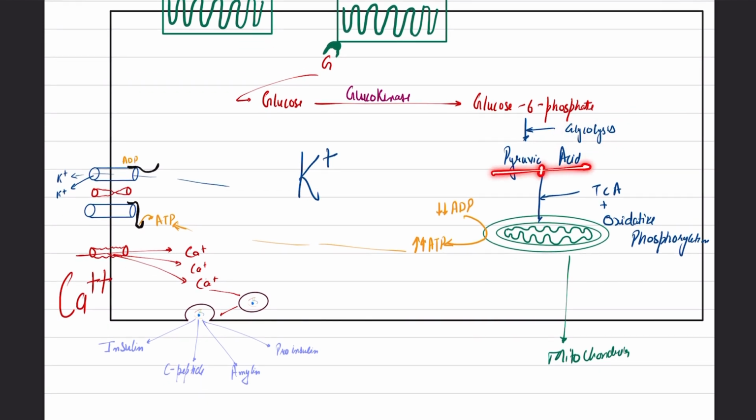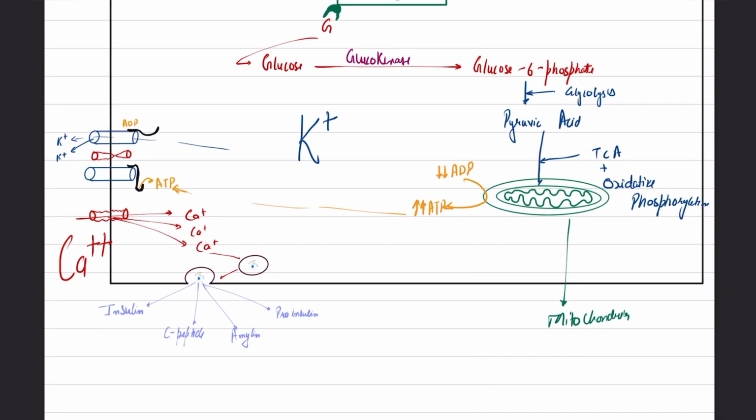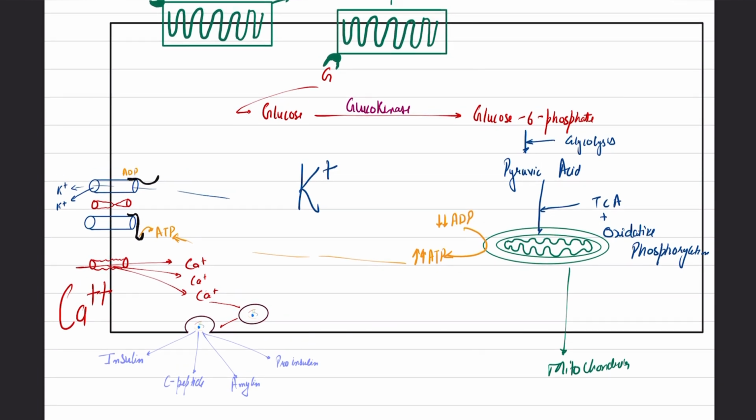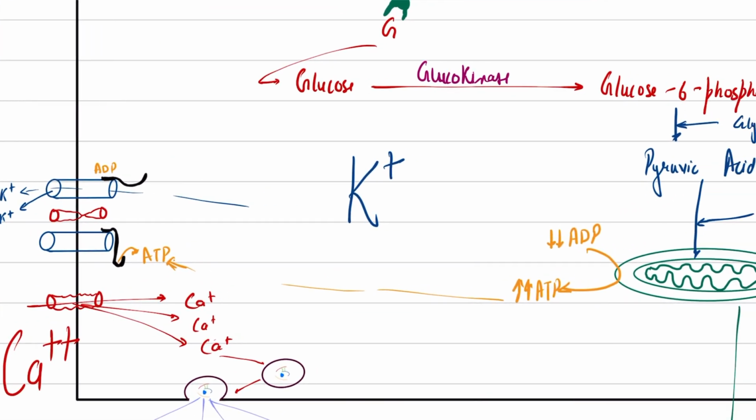This pyruvic acid will go into mitochondria and the TCA cycle, also called the Krebs cycle, will be performed, and oxidative phosphorylation will also be performed. By the TCA cycle and oxidative phosphorylation, there will be formation of a lot of ATP, and the concentration of ATP will get high in the cell and the concentration of ADP will get low because ADP is being converted into ATP. Now let's forget about this for a few minutes and move to this side.